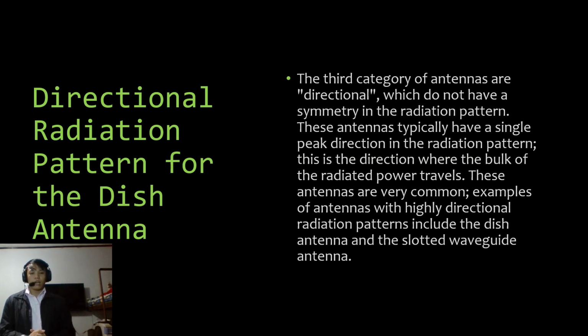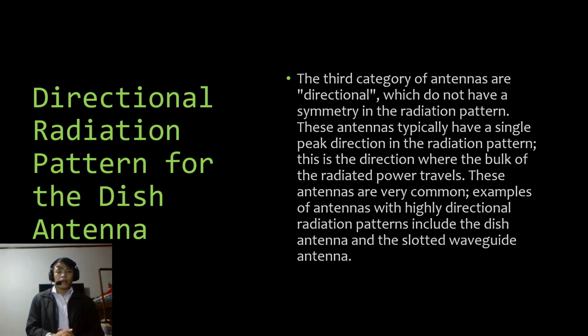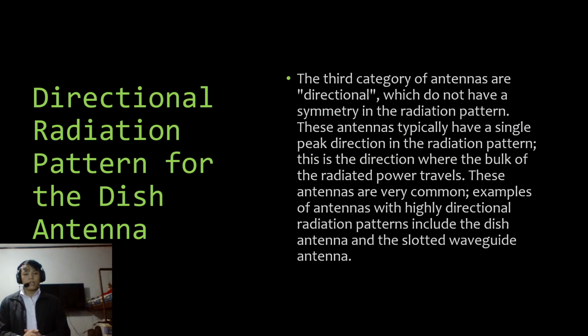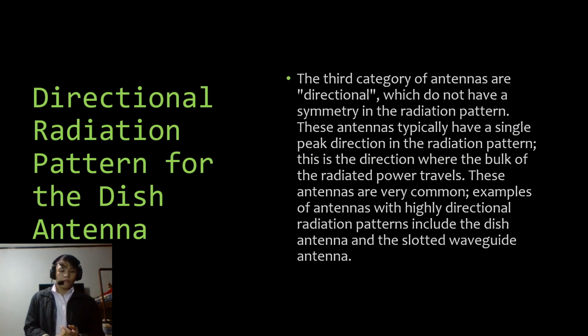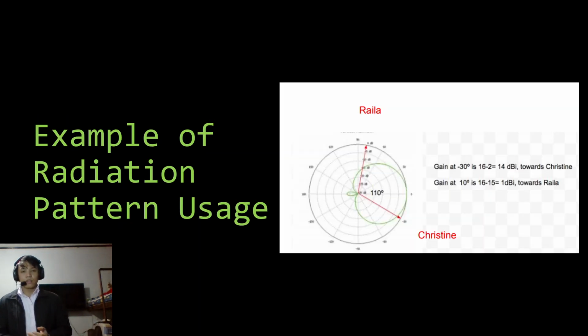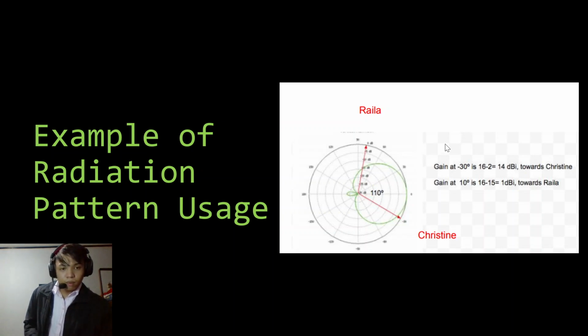This is the direction where the bulk of the radiated power travels, and these antennas are very common. Examples of antennas with highly directional radiation patterns include the dish antenna and the slotted waveguide antenna. So this is an example of radiation pattern usage.